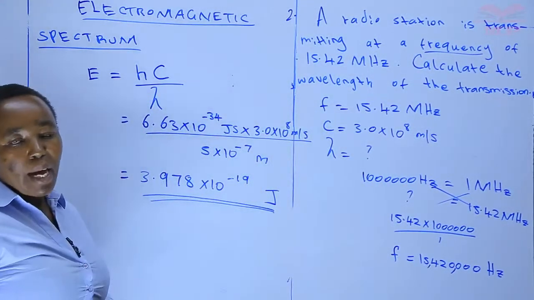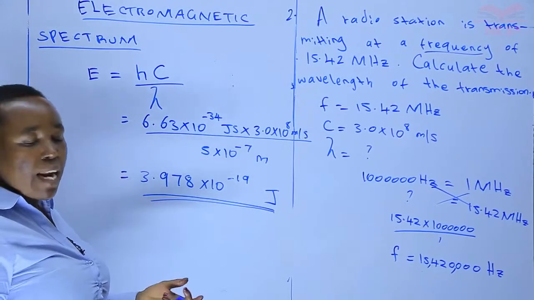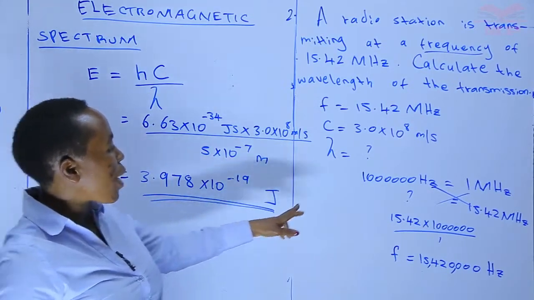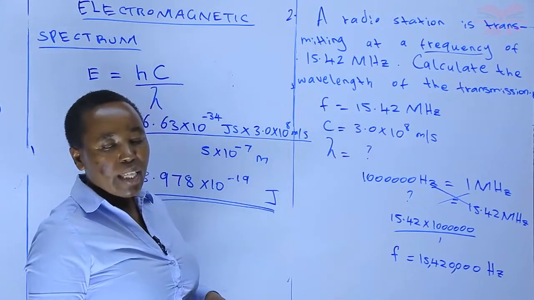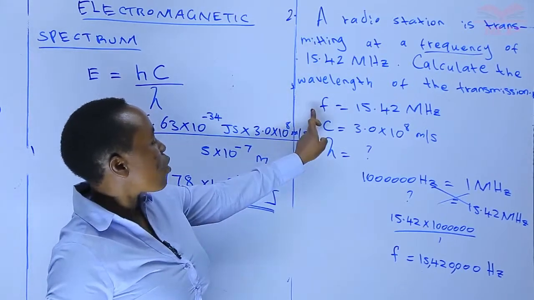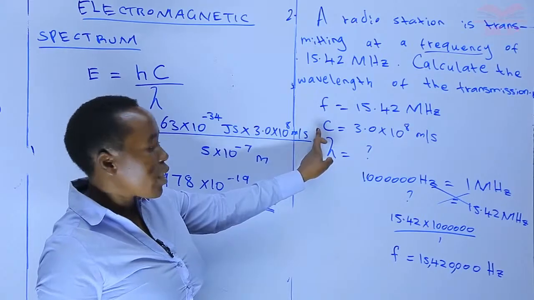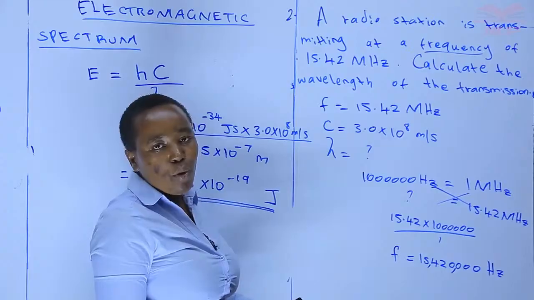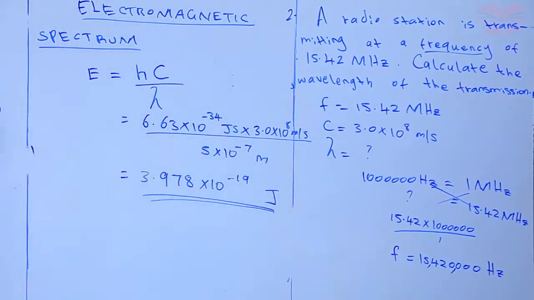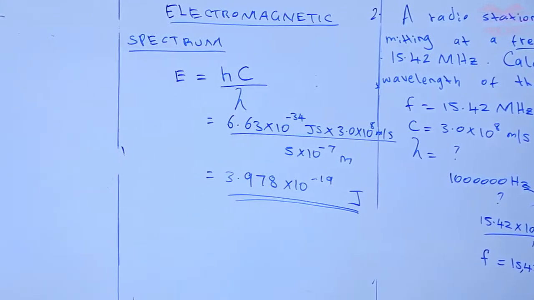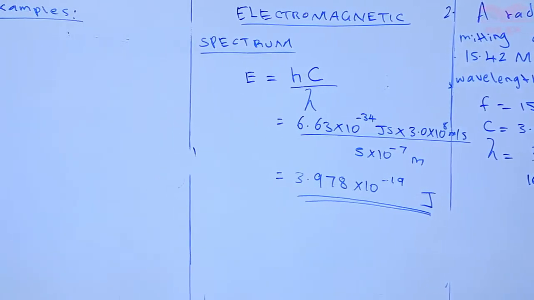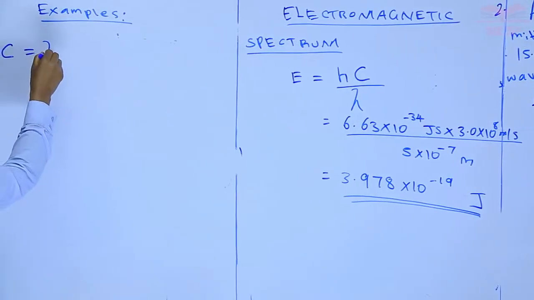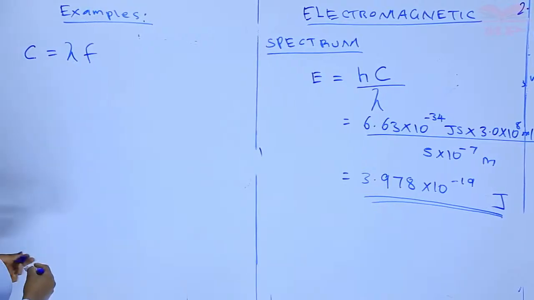So we now come and look at the formulas that we derived. Which formula are we going to apply to get the wavelength? The formula that relates frequency, the speed, and the wavelength. And that is simply the wave equation. The wave equation says that c is equal to wavelength multiplied by frequency.